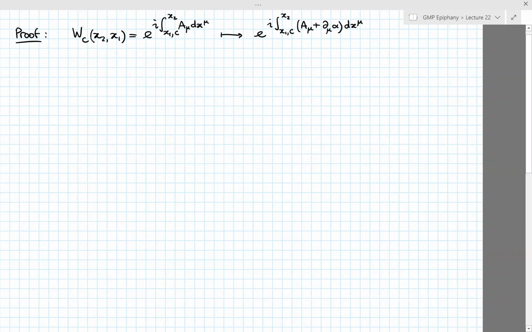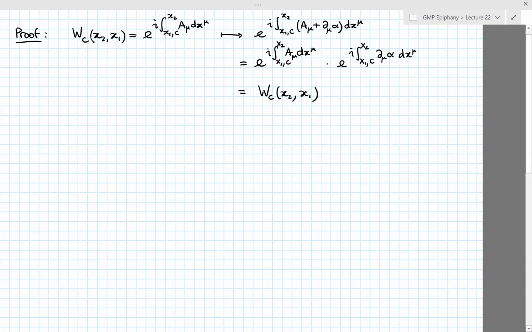And now we can split up the integral into two terms and then split up the exponential of the sum into the product of two exponentials. And so we'll get the exponential of i times the integral of A_mu dx^mu from x1 to x2 along the curve C, times the exponential of i times the integral from x1 to x2 along curve C of partial_mu alpha dx^mu. So now the first factor is simply the original Wilson line.